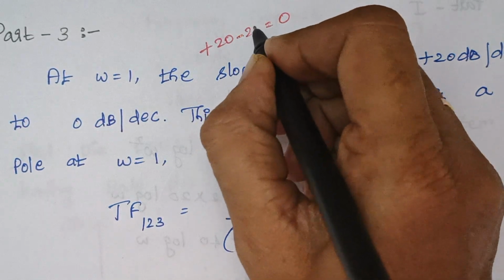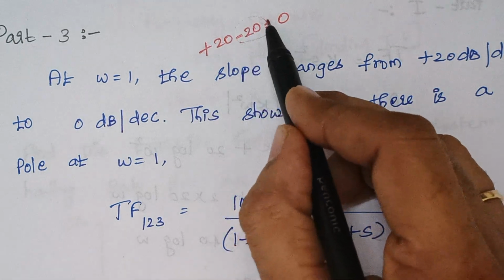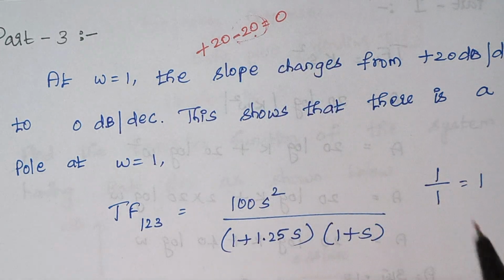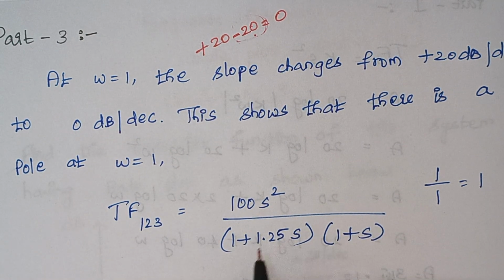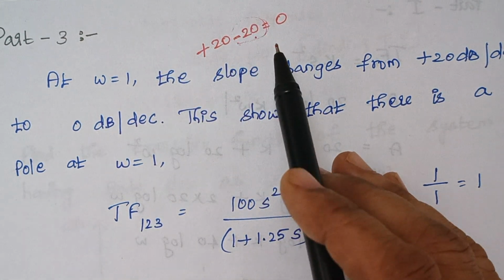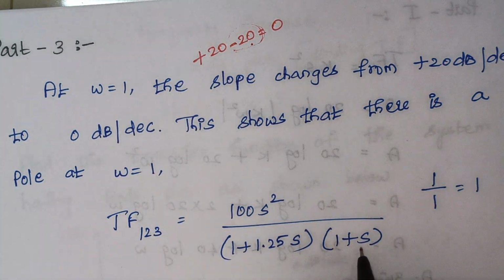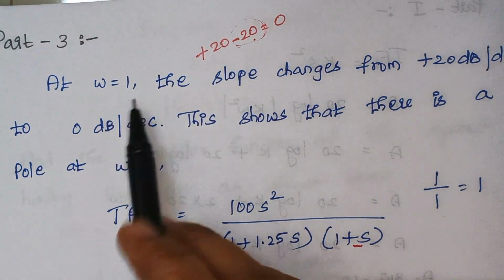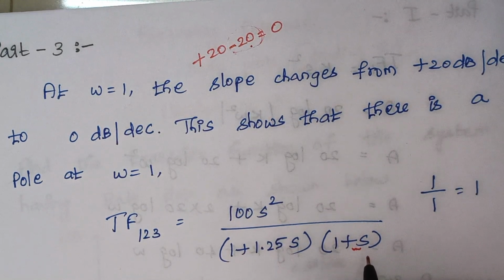Here again I have to add a minus 20. The addition of minus 20 says that again there is a term in the denominator. So write the previous terms as such, that is 100 s square by 1 plus 1.25 s. This minus 20 indicates again there is a term in the denominator: 1 plus some term with s. How to find this coefficient of s? We have to take the reciprocal of this frequency. So 1 by 1 is nothing but 1.